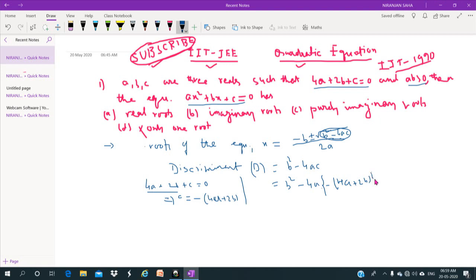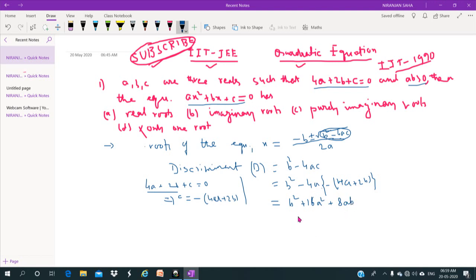So now we get b square plus 16a square plus 8ab.